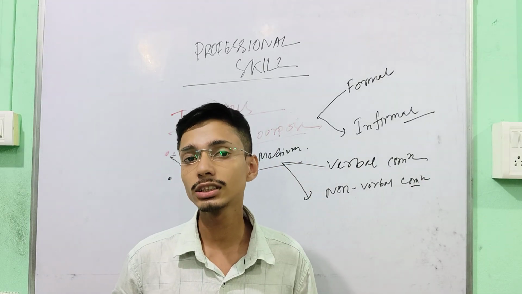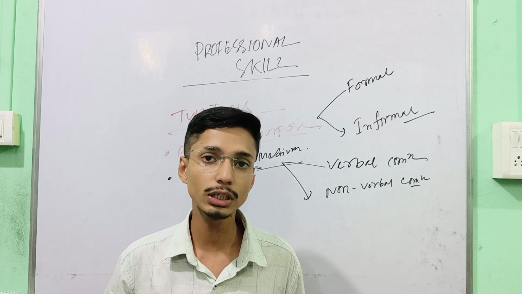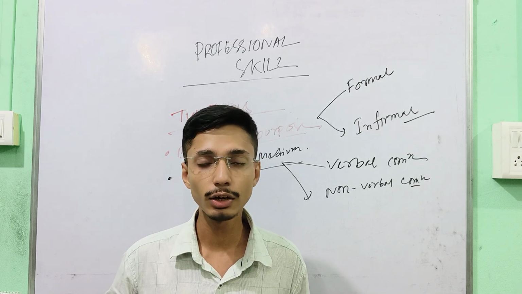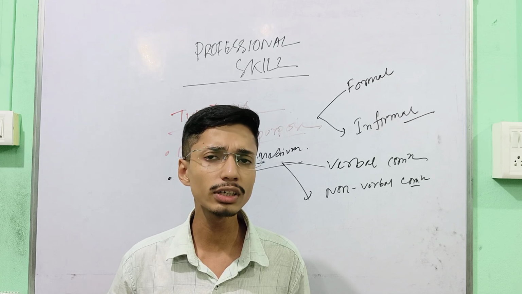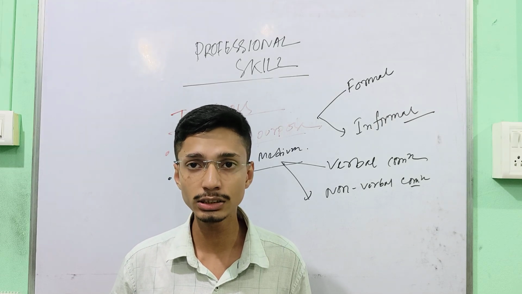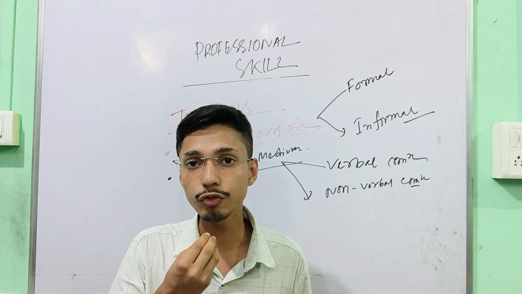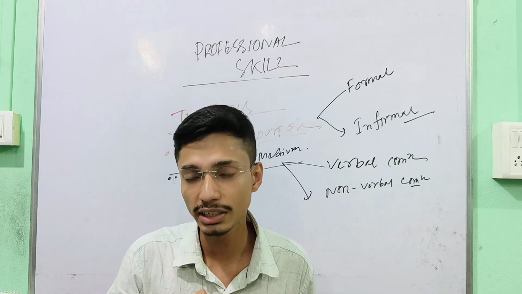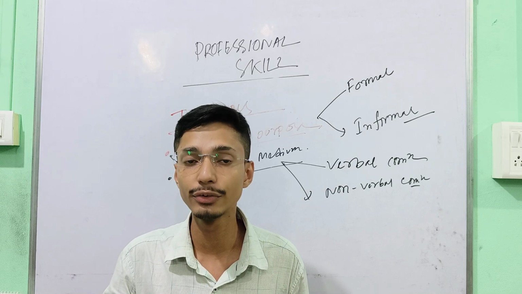Verbal communication means it is a process of communication where we can use any word or language for sharing our thoughts and information between sender and receiver. So what does it mean by words or language? That means we use our words by means of mouth through oral medium. And what does it mean by language or any written format?